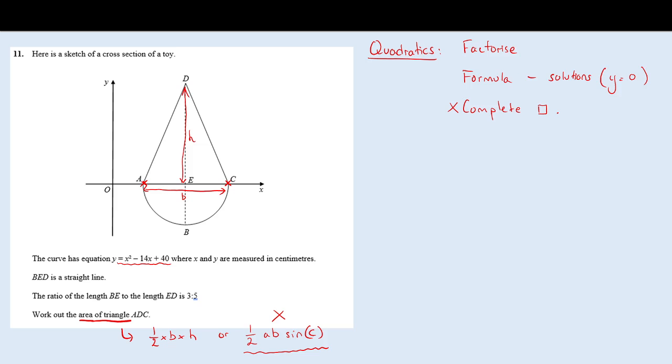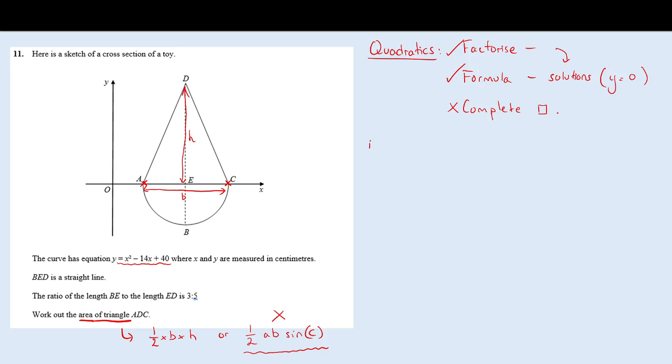So we could use the quadratic formula. That looks pretty good. Now, factorizing does the same thing as using the formula, but normally is useful if we've got a non-calculator scenario. Factorizing is normally quicker and easier, less likely to make a mistake than using the formula.